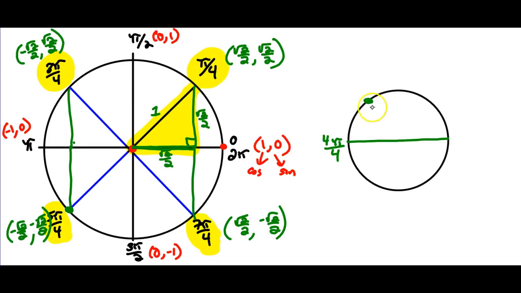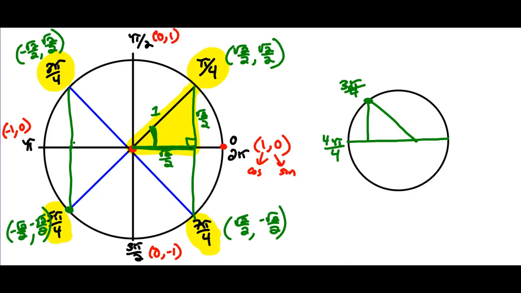So your 1 pi over 4, which is the equivalent of 45 degrees, short of that, because it's 3 pi over 4. And now because I know I've got square root of 2 over 2, this is 1, pretend like that's the center of the circle. I got square root of 2 over 2 right here, but that's negative. This one's positive. So if I'm asking for the sine, I know it's going to be positive square root of 2 over 2. Asking for cosine of 3 pi over 4, it's going to be negative square root of 2 over 2.